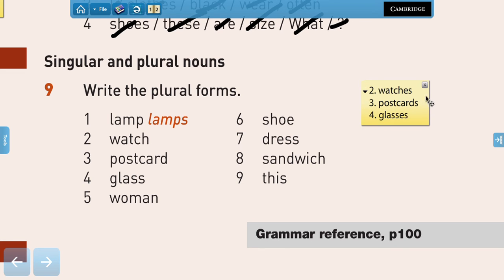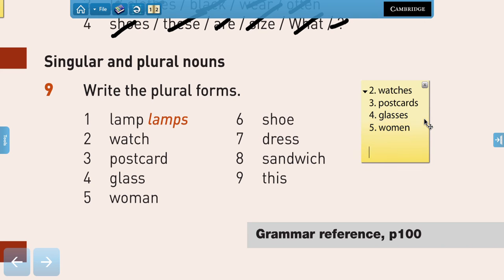Glasses. Remember that when a word ends in S, you have to add ES at the end. Now, this one is tricky. We say woman, and then women, right? With an E. Something that can help you to remember is, for example, the word Superman, right?